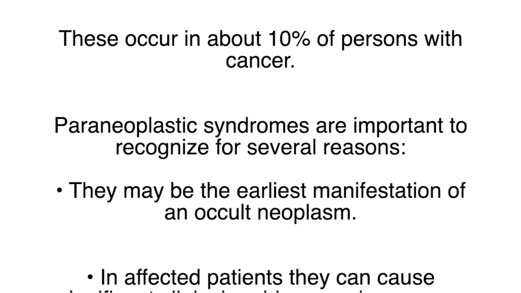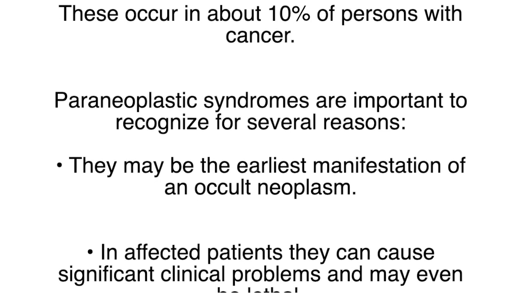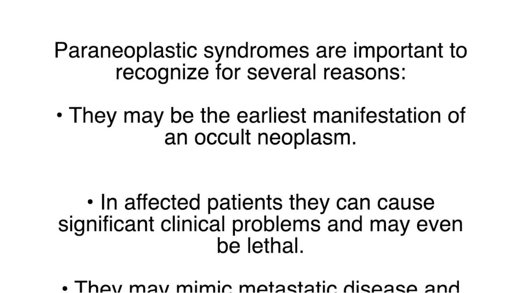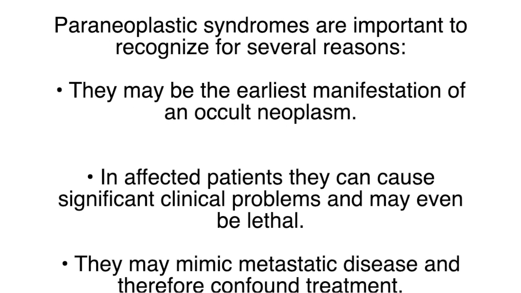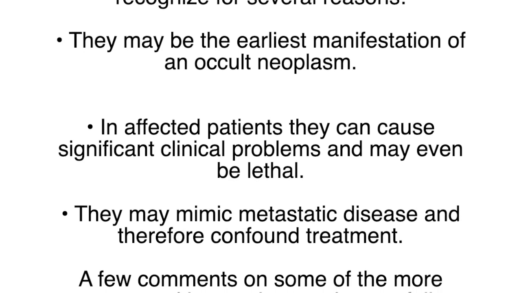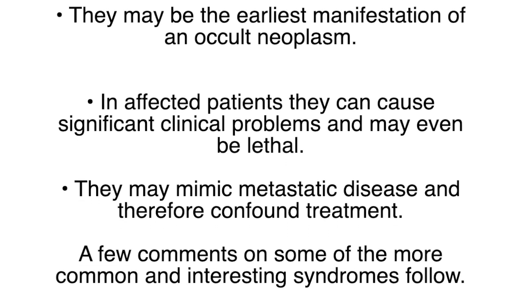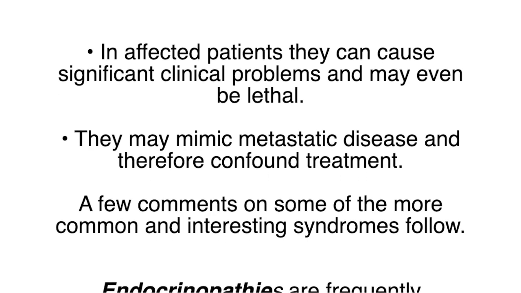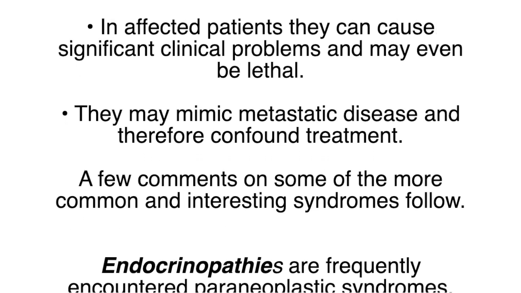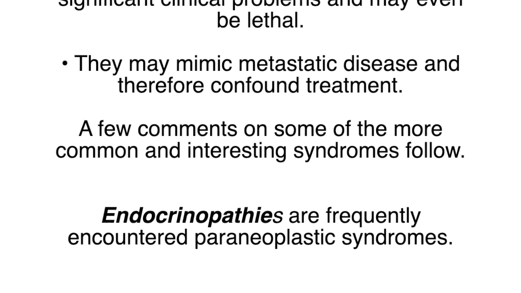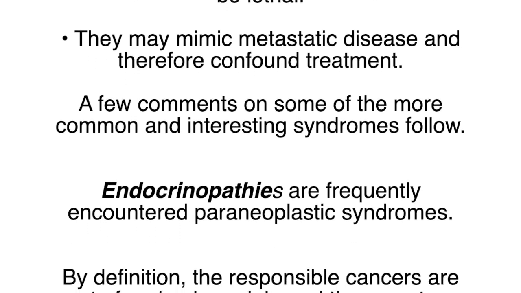Paraneoplastic syndromes are important to recognize for several reasons. They may be the earliest manifestation of an occult neoplasm. In affected patients, they can cause significant clinical problems and may even be lethal. They may mimic metastatic disease and therefore confound treatment. A few comments on some of the more common and interesting syndromes follow.